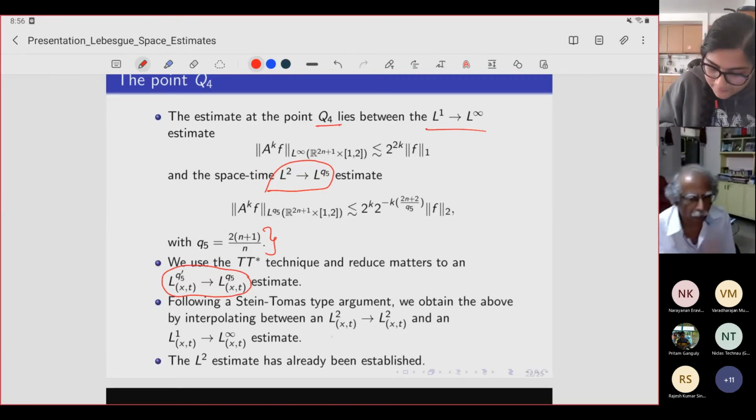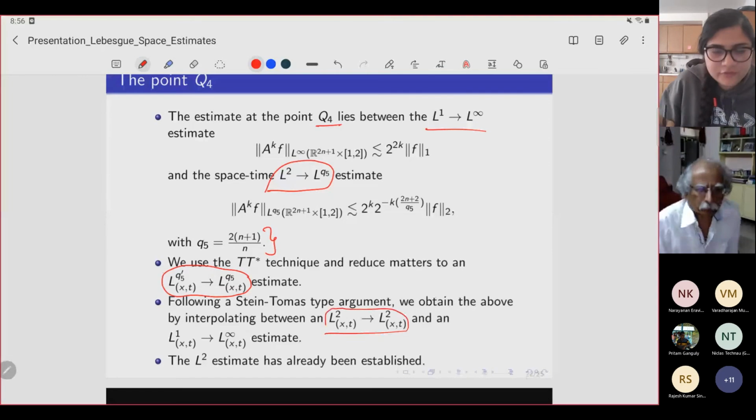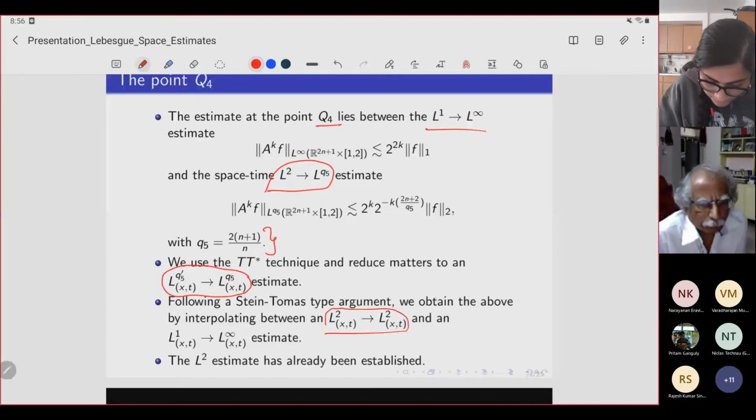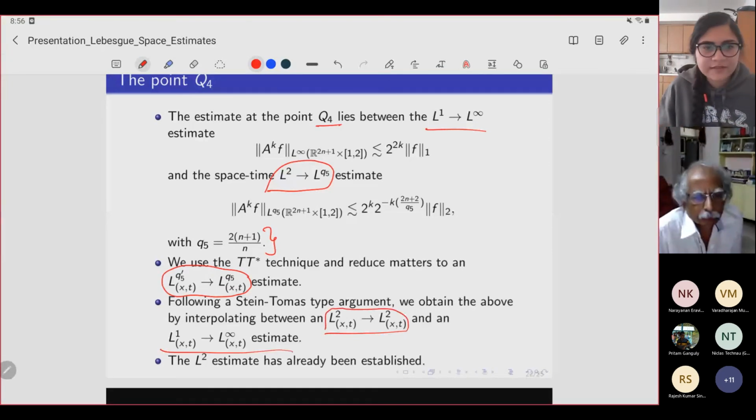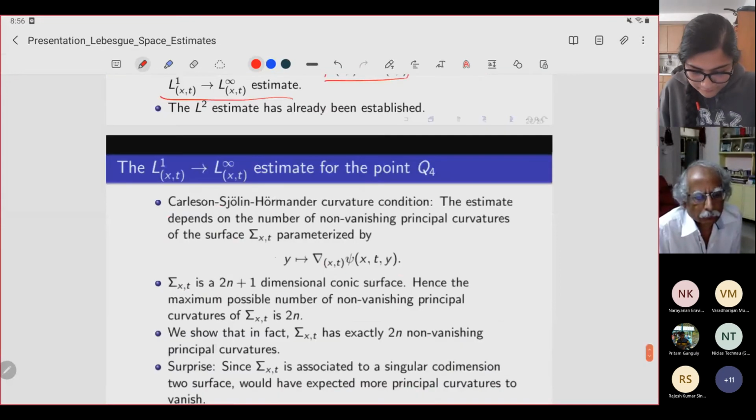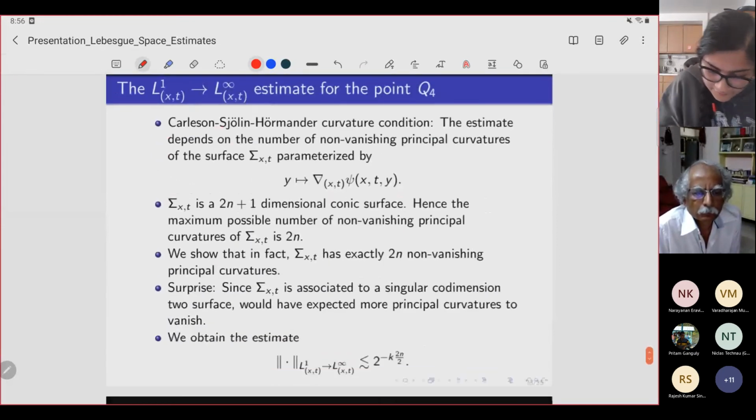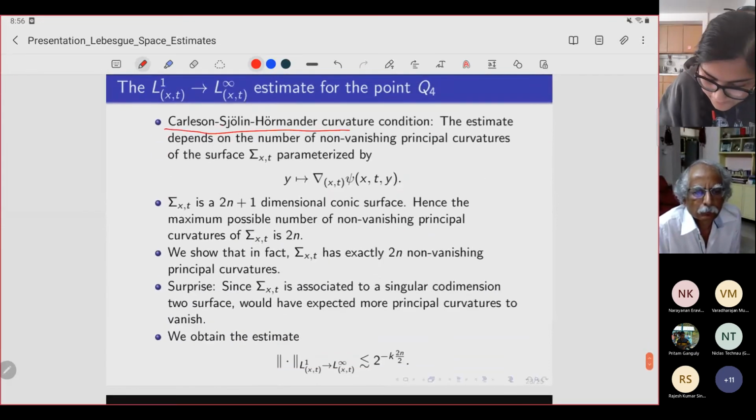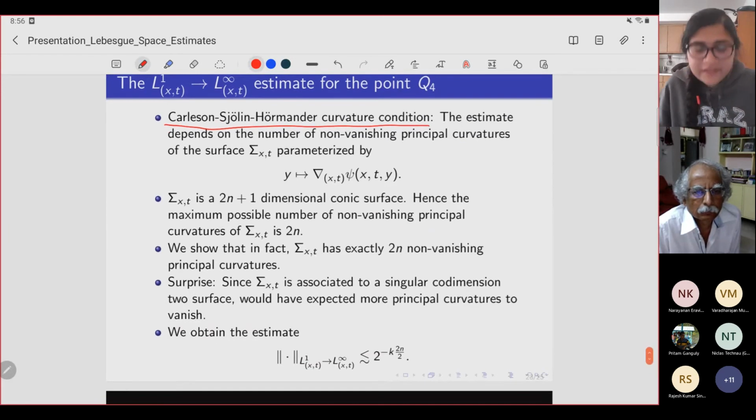The L2 to L2 estimate is the one you have already gotten. You can just use that. The L1 to L infinity estimate is the main part. And for the L1 to L infinity estimate, you again have some theory. You have the Carleson, Sjölin, Hörmander curvature condition, which relates. And again, you have to look at the geometry of the phase function.